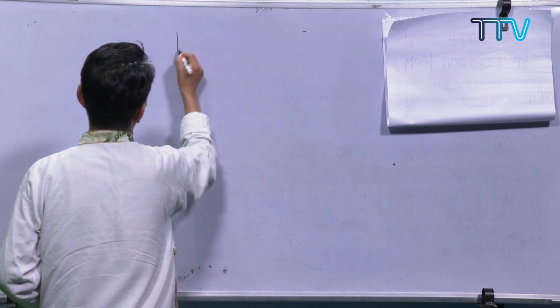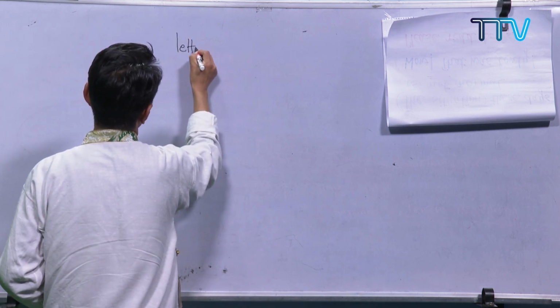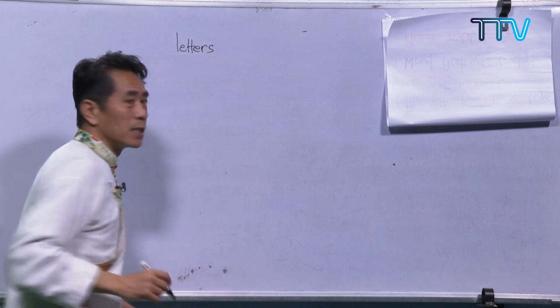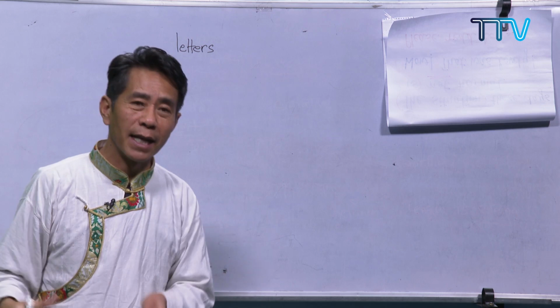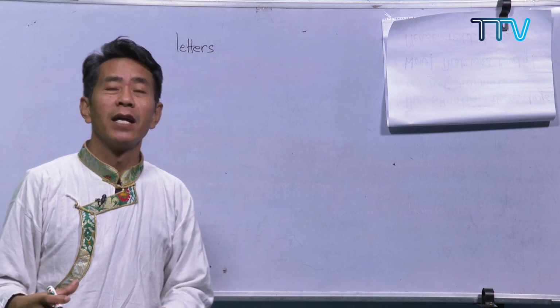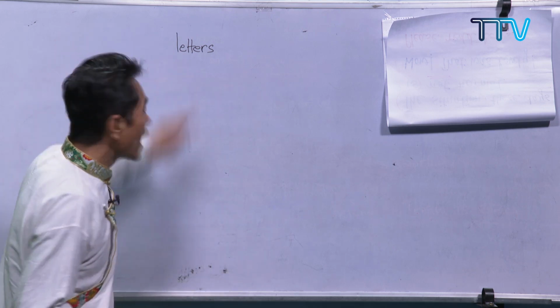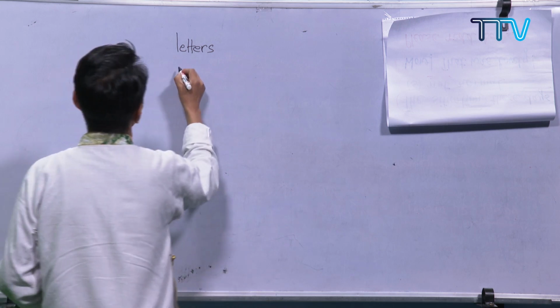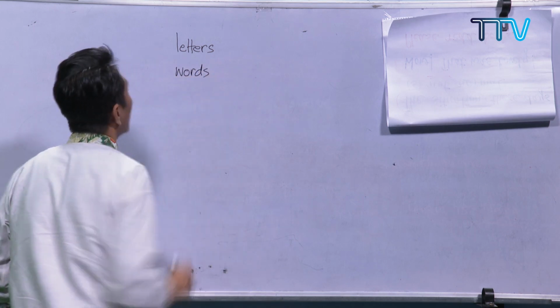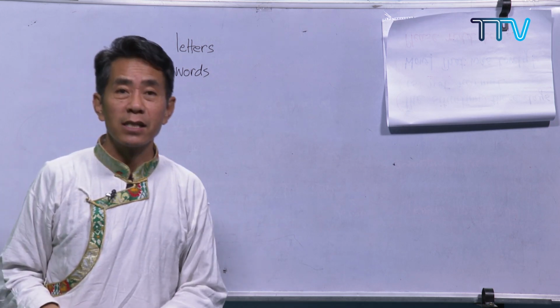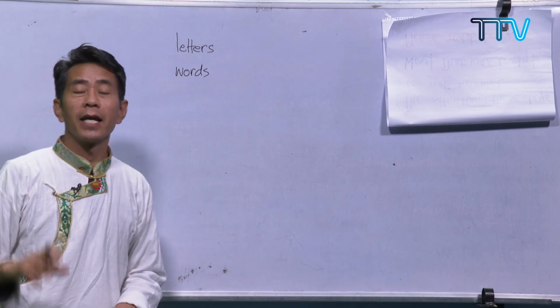For example, let us talk about letters. This is where we first begin a language. There are different types of letters. We learn the alphabet. And then a group of letters, what do you call a group of letters? It's called a word.